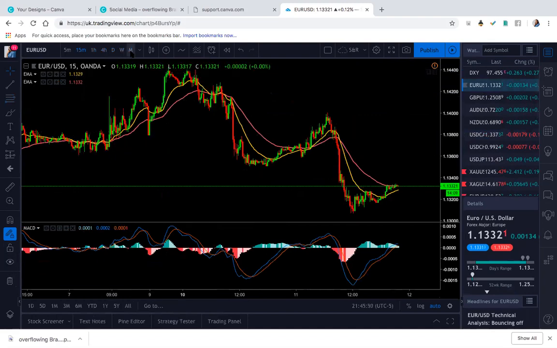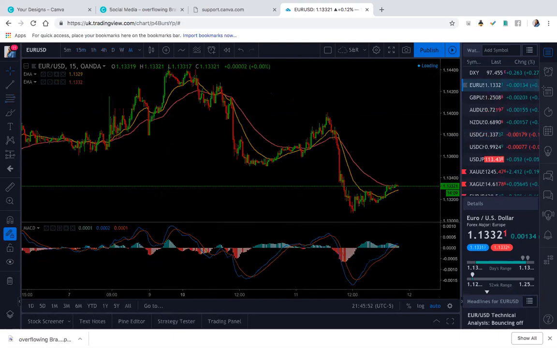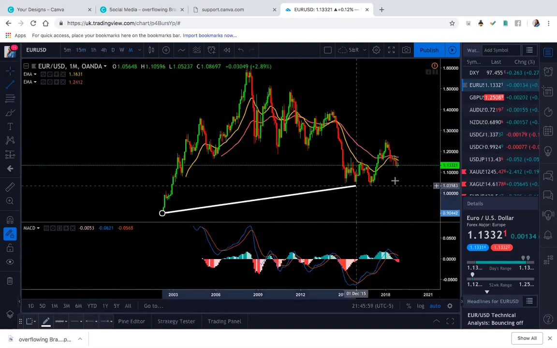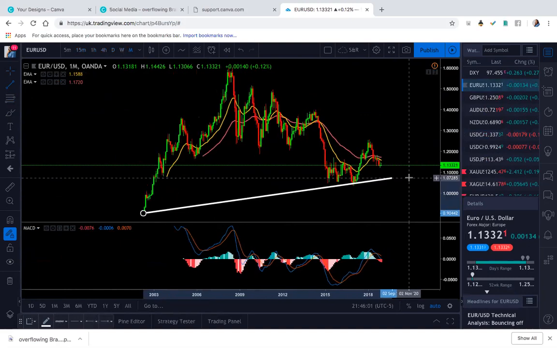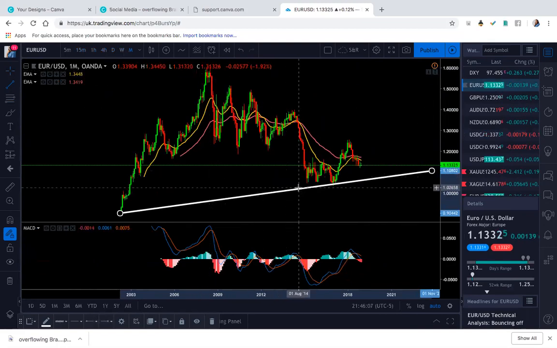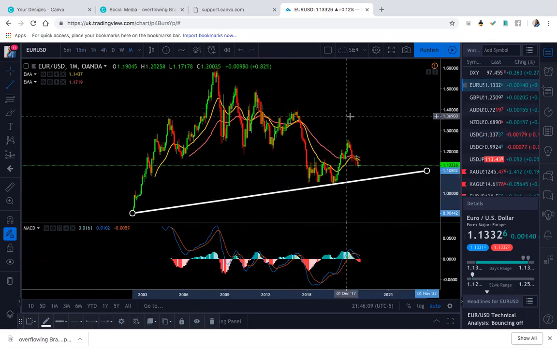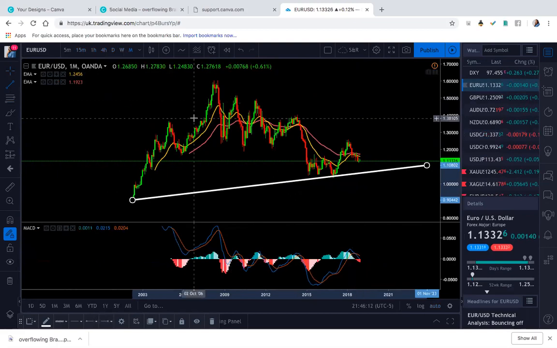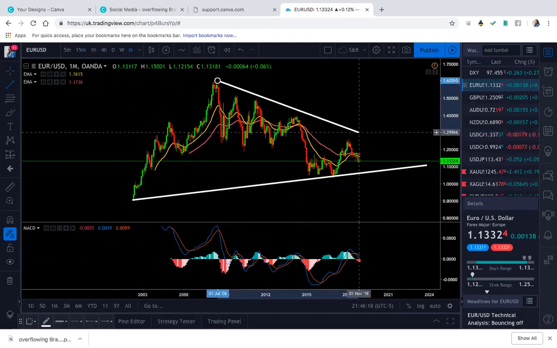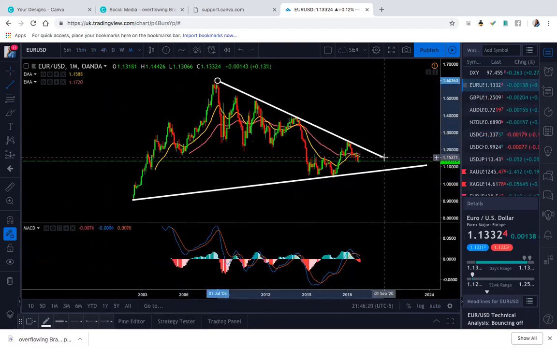So we're going to draw trend lines from the monthly chart. This should help a lot of you that were struggling to understand trend lines. So we have an uptrend here. You have a downtrend here.